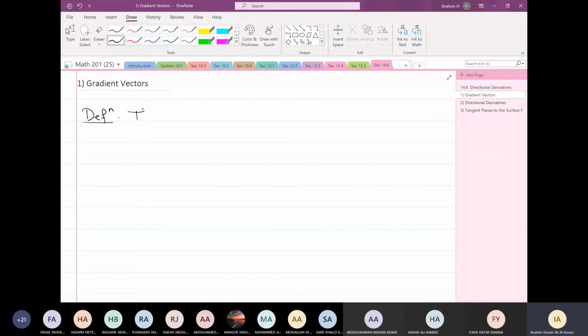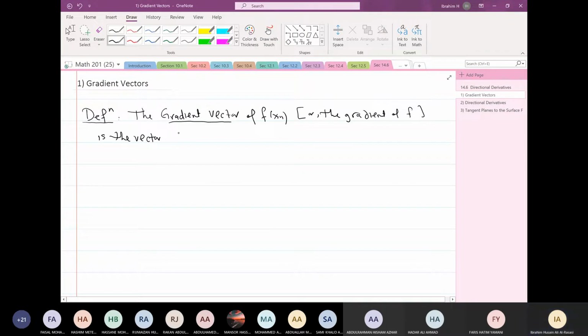The gradient vector of a function of x, y, or we just say gradient of f, is the vector defined as follows.